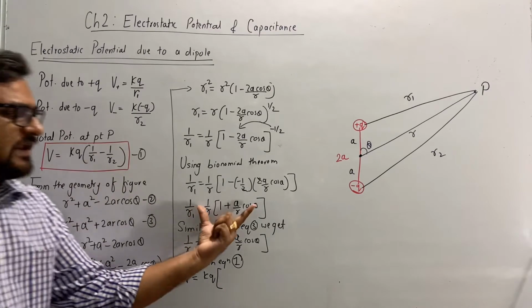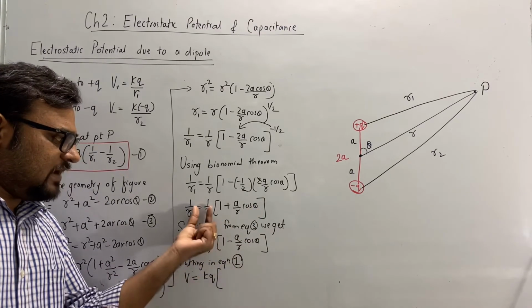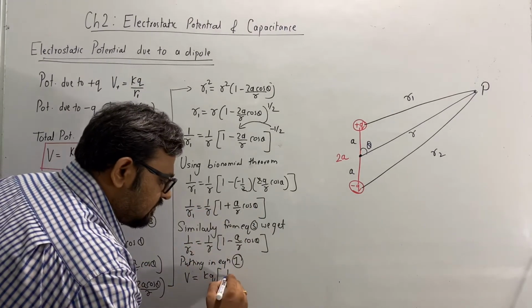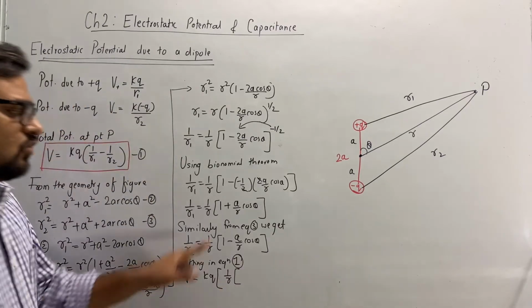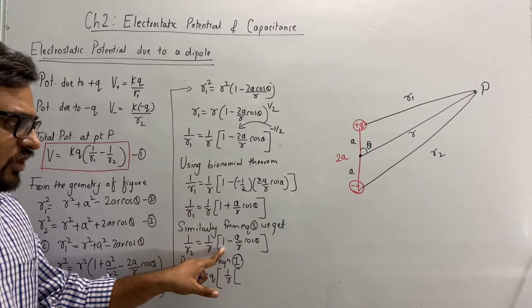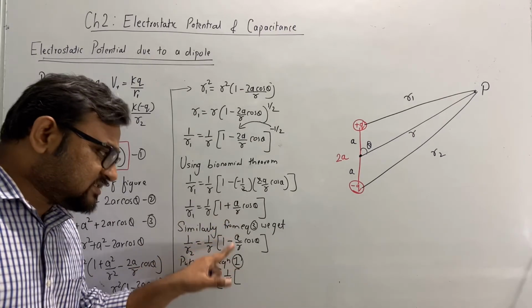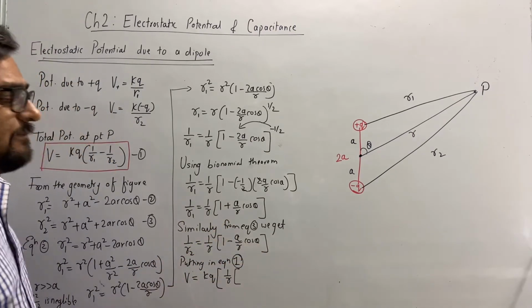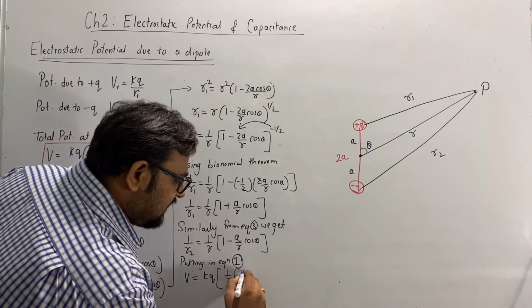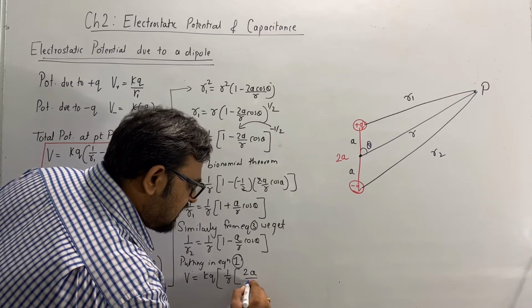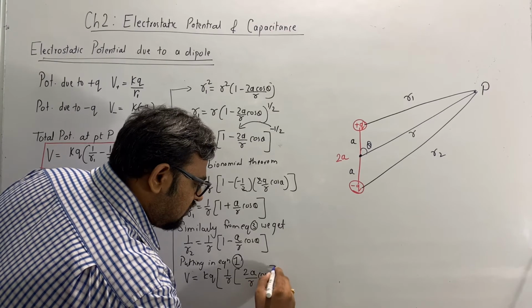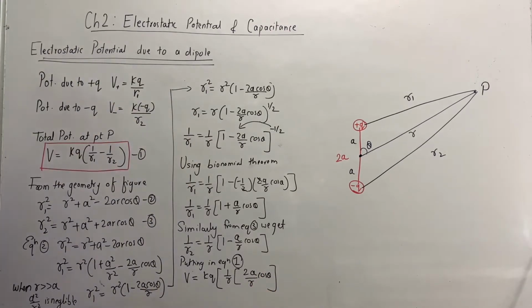So 1 by r and 1 by r common. 1 minus 1, 0. a by r cos theta minus a by r cos theta with the minus sign, so it will be plus. So this will be 2a by r cos theta. Clear?